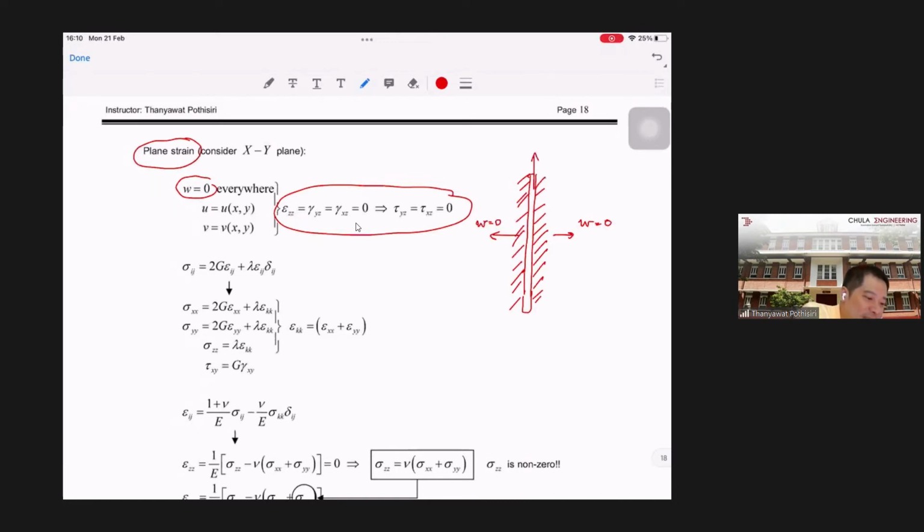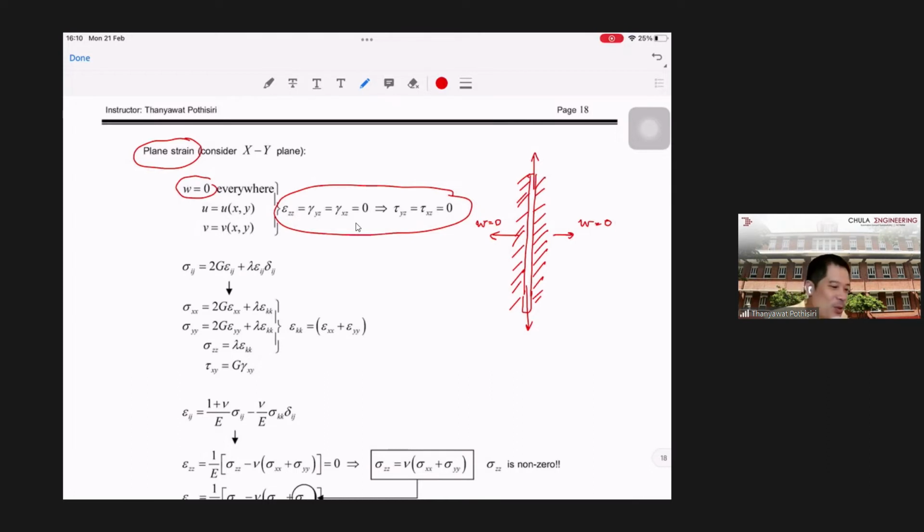So you are only allowed to expand or contract in plane only. It's like a thin slice without any movement in the perpendicular direction.